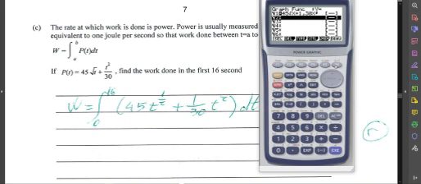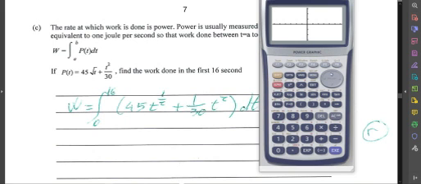Execute. Let's see how it looks. Shift zoom auto. Okay, that's how it looks here.